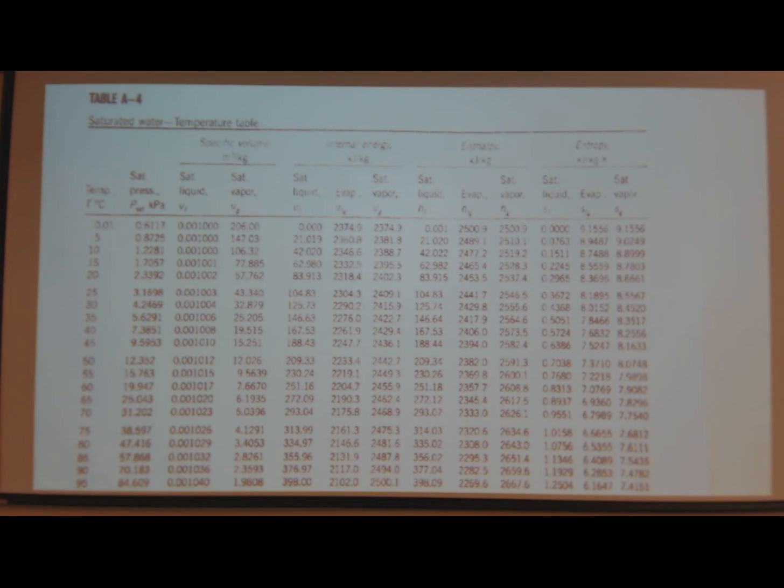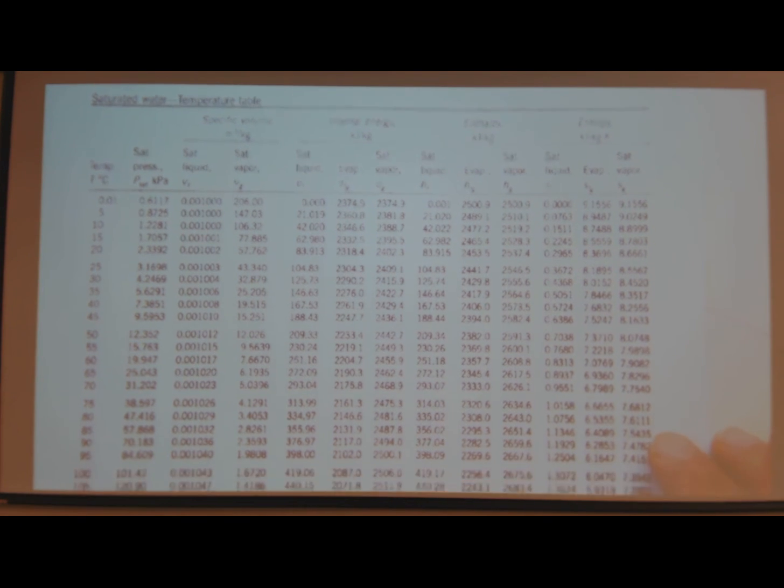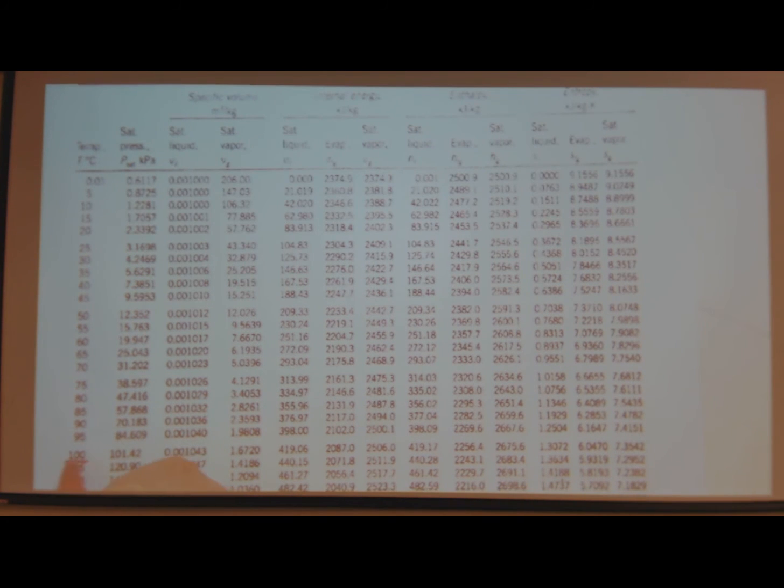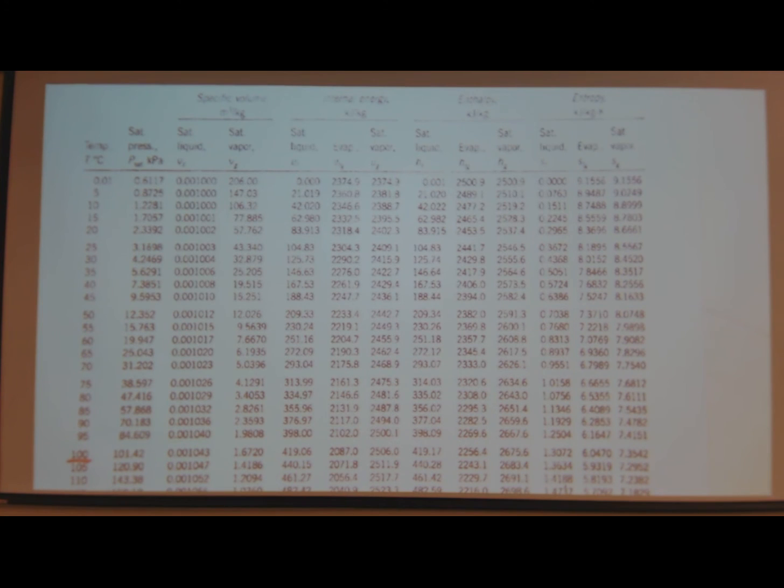I went a little too low, so I'm just going to get rid of the A4 up top, and I'm going to underline 100. So a temperature of 100 degrees. There is a corresponding saturation pressure.